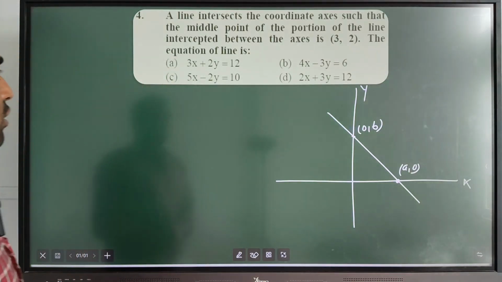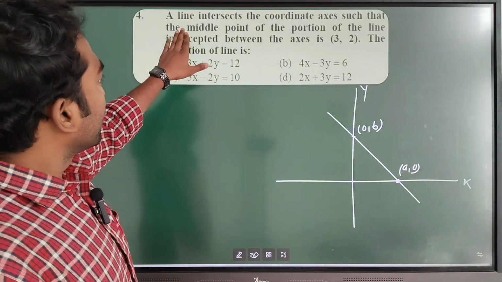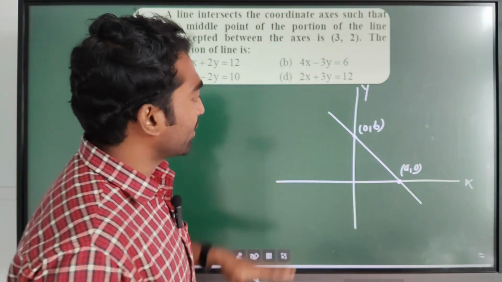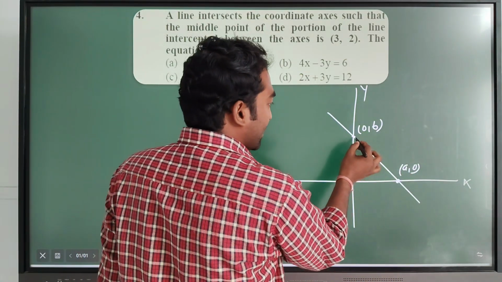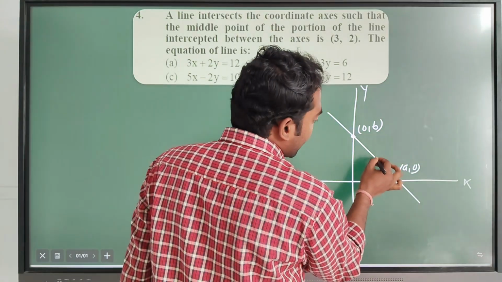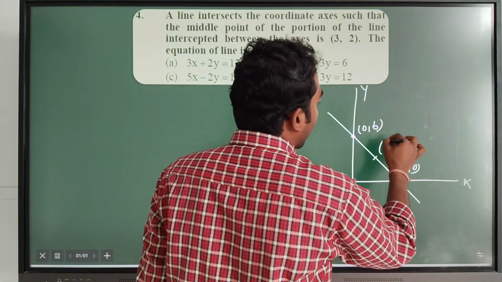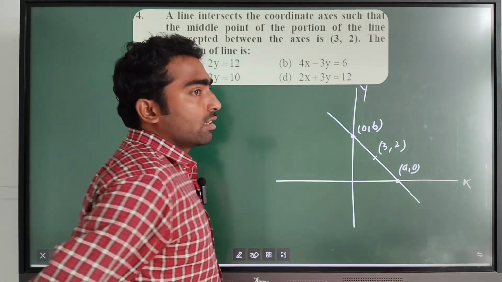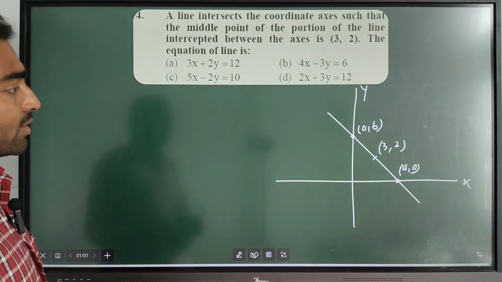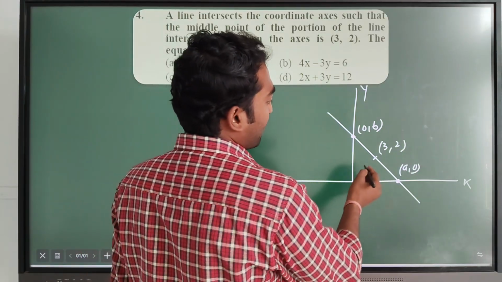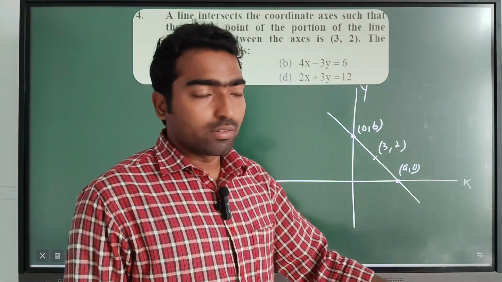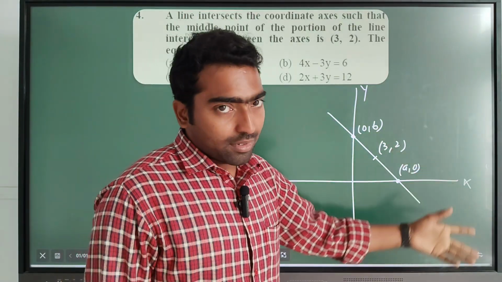Now it is given that the midpoint of the portion of the line intercepted between the axes, which means the distance between these two points, is 3, 2. If the midpoint is 3, 2, then you can use the midpoint concept and you will find the values of a and b.